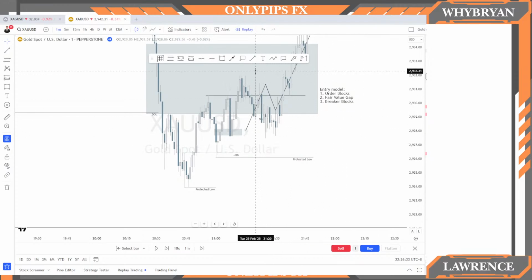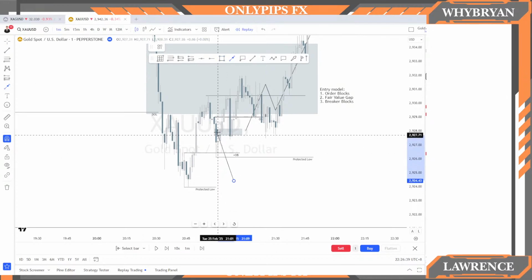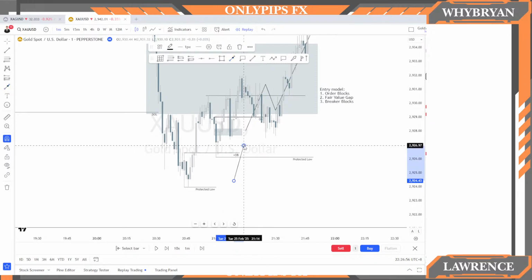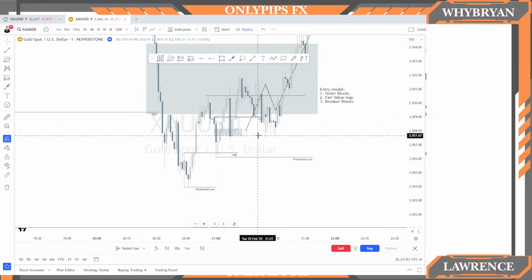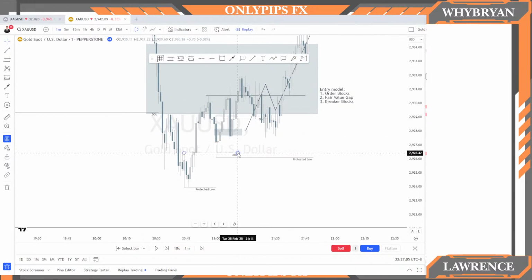A respecting candle should look like this: the body of the candle did not close inside the range, it just rejected off with a wick. The longer it is, the more strongly the price is respecting. So we have this first OB.